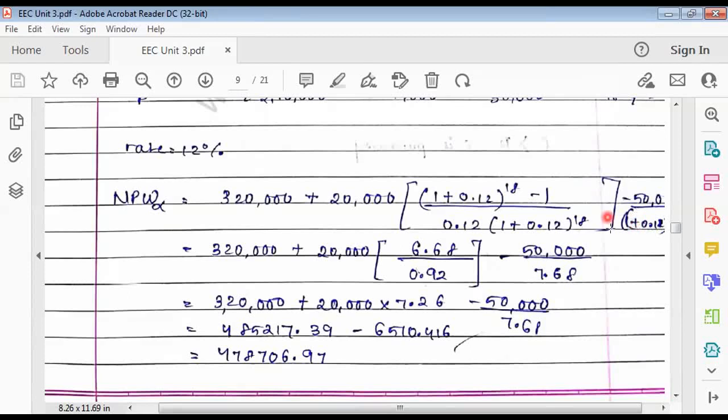Because here we were doing the present worth method, and by definition, salvage value is the value that you receive after the end of the lifetime of a project. So you receive it after 18 years. Since you were doing the present worth method, you wanted to find out the present worth of this 50,000 rupees. That is why you had done this. Else your answer would have been wrong.